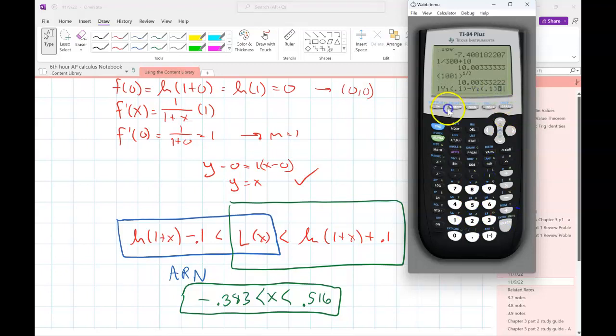The difference between those should be less than 0.1. Sure is, right? If I pick something outside of that range, like maybe 0.6, the difference there will be bigger than 0.1, right?